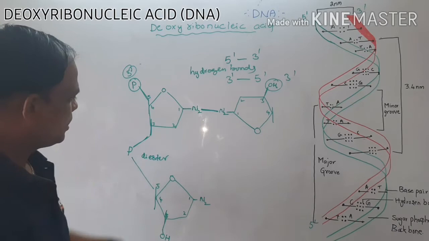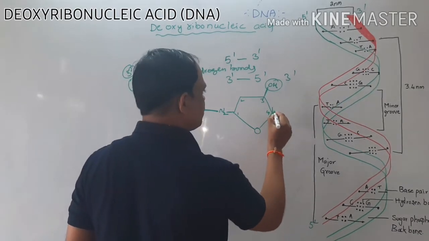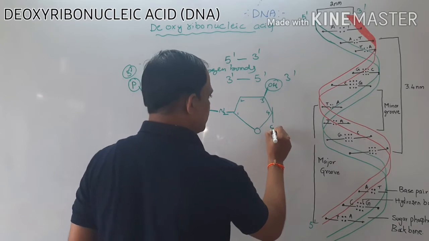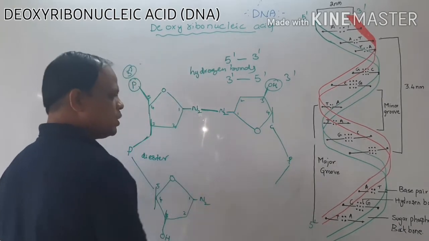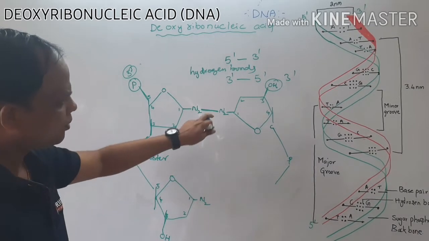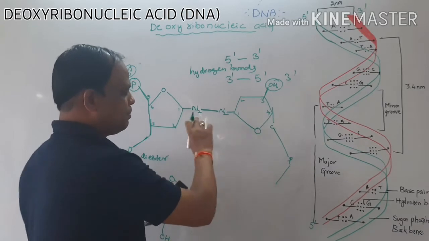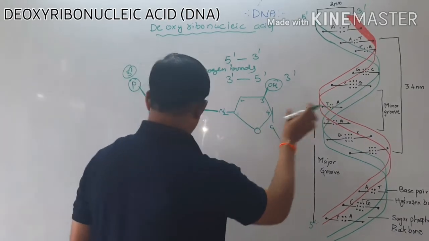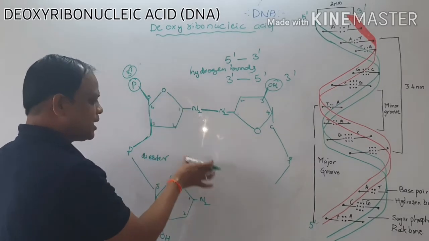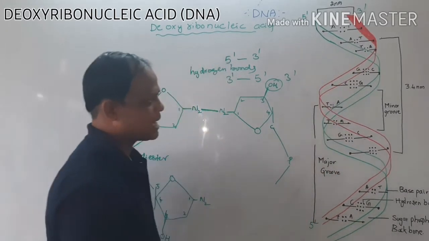So this is the structure. The fifth carbon is attached with one phosphate, and one more nucleotide chain is formed. The linking between the phosphates, the phosphodiester bonds, acts as a backbone of these DNA strands.